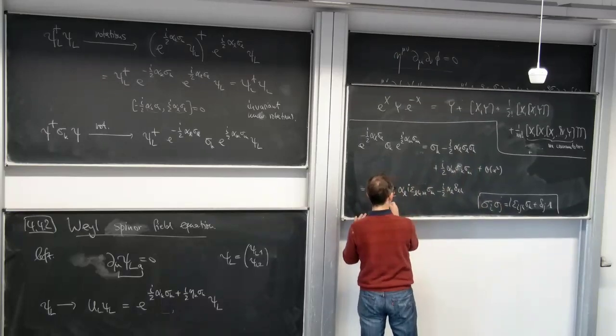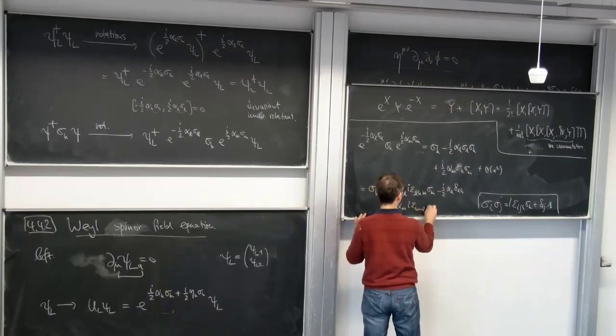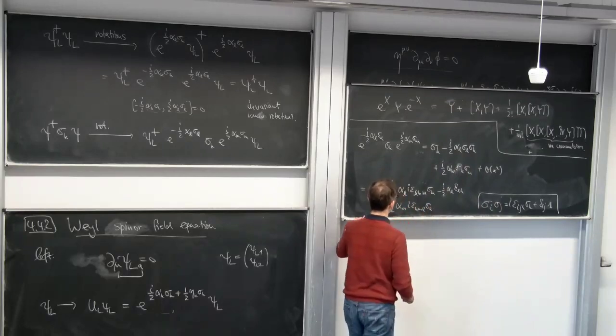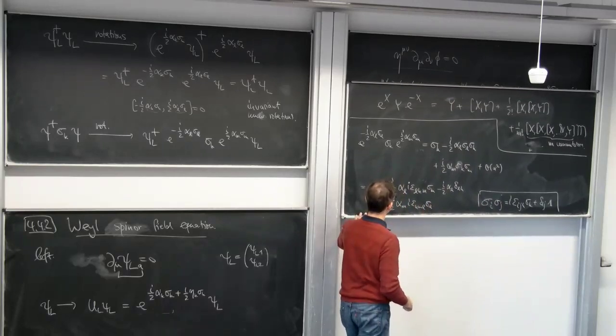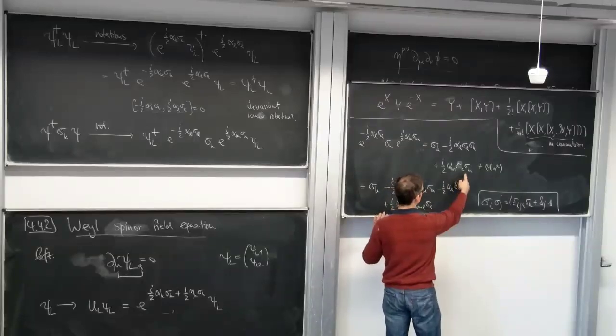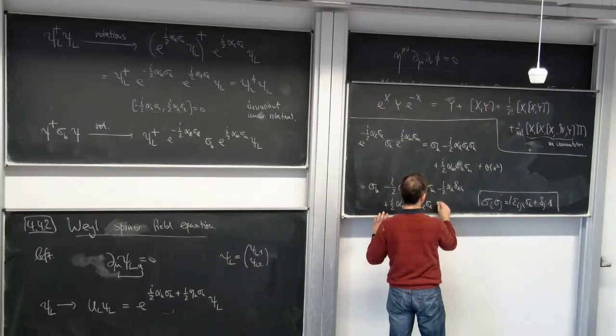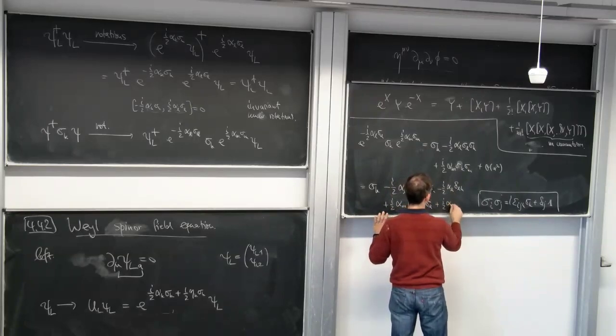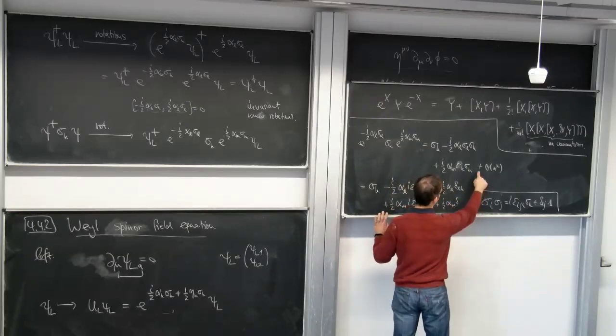Now down here, plus i half alpha_m i epsilon_kml sigma_l, where l is a dummy index, and then plus i half alpha_m delta_km.